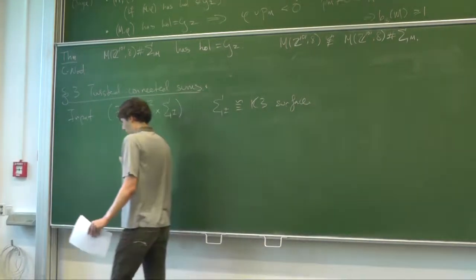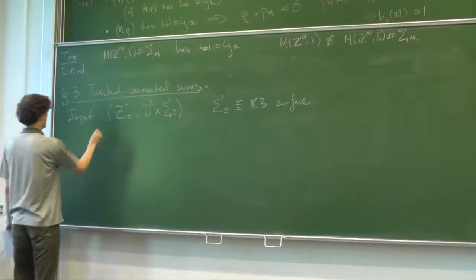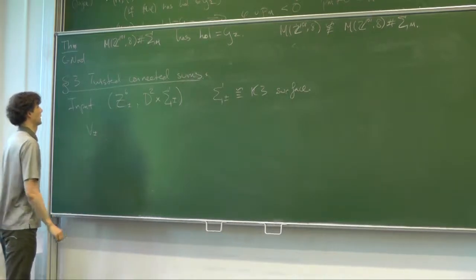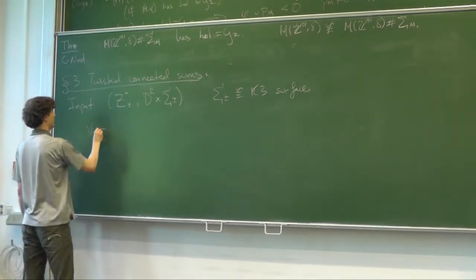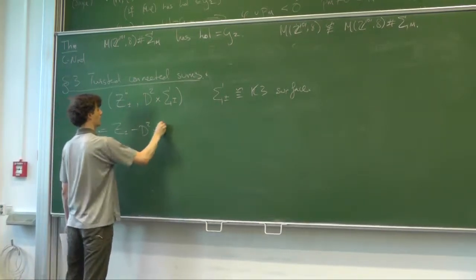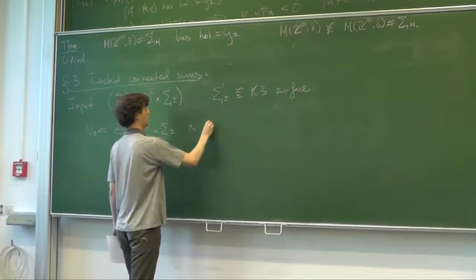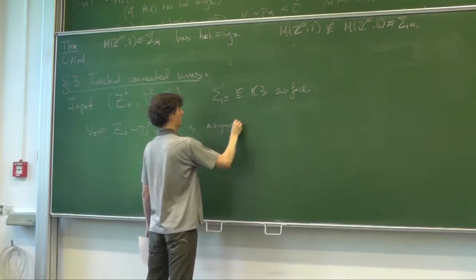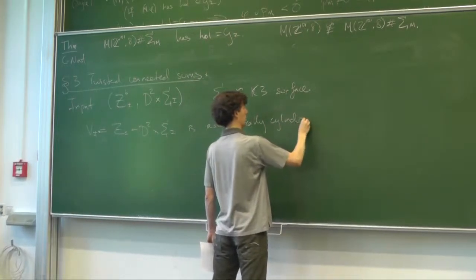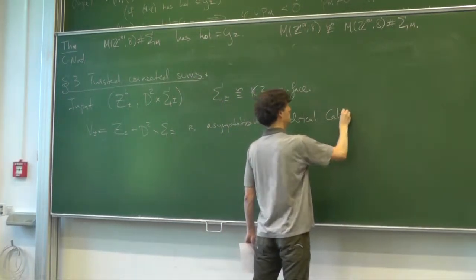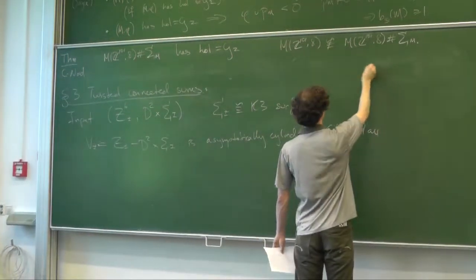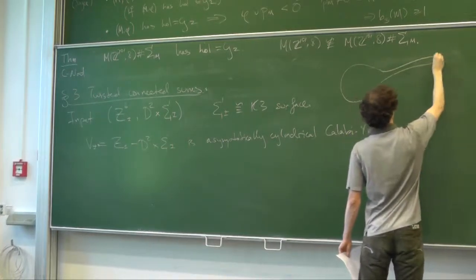And the design feature you want is that when you cut this guy out, you get what's called an asymptotically cylindrical Calabi-Yau. So this is, by definition, cut out this divisor. The picture is you have some manifold and then you have this neck coming out here.